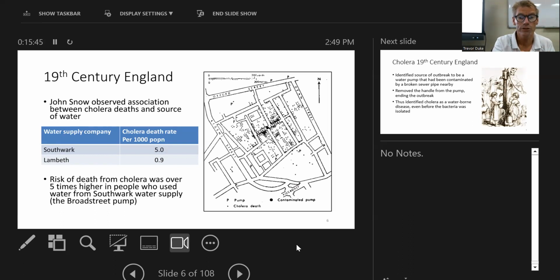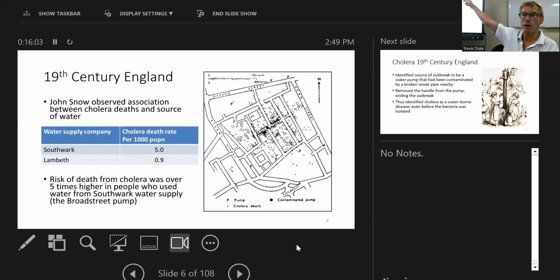This is the cholera death rate per 1,000 population. So they were able to measure a metric, a death rate, which is the number of deaths per 1,000 population.